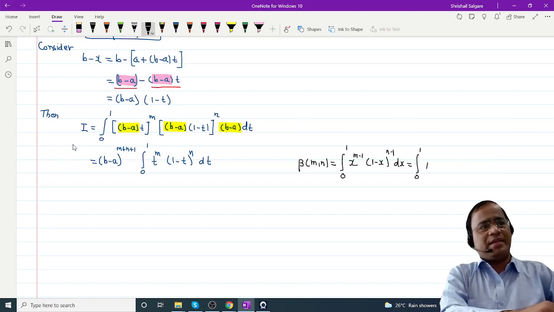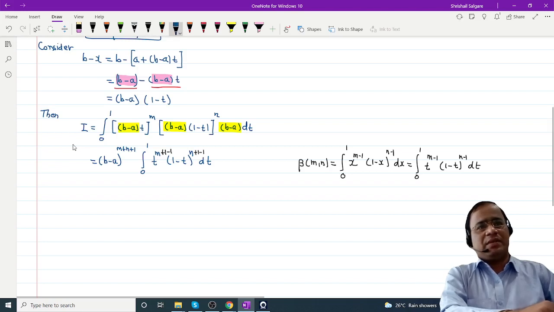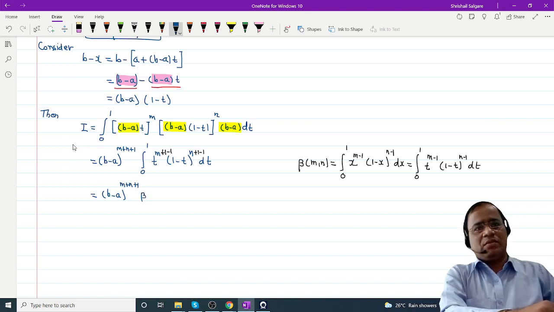That same integral I can write as t raised to m minus 1 into (1 minus t) raised to n minus 1 dt. To convert this to the beta form you have to make an adjustment, so I will write plus 1 minus 1 in the powers. This can be written using the definition as (b minus a) raised to m plus n plus 1, times beta. What are the parameters?